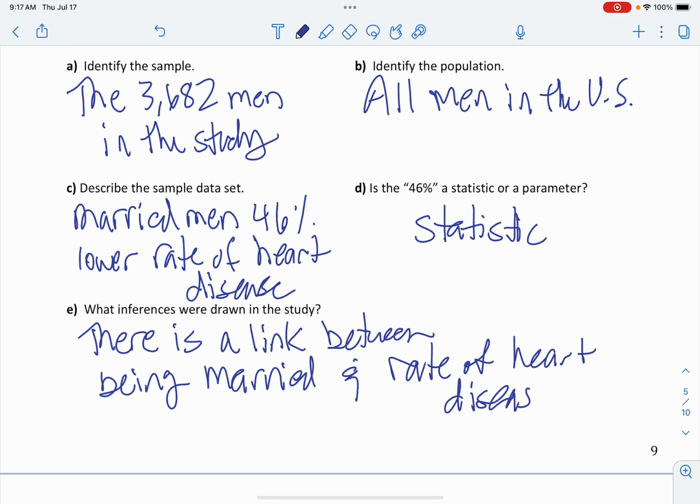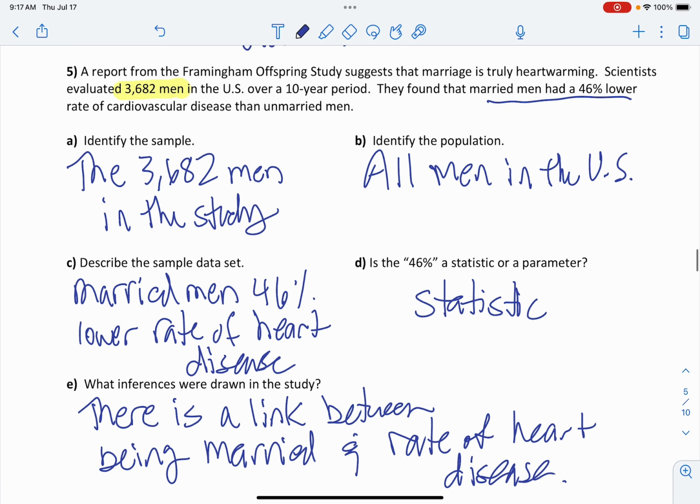Right? Notice what we're not saying is that being married causes lower rate of heart disease. Right? So if we wanted a cause and effect relationship, we'd have to do a lot more research. But we definitely can say that there's a link.